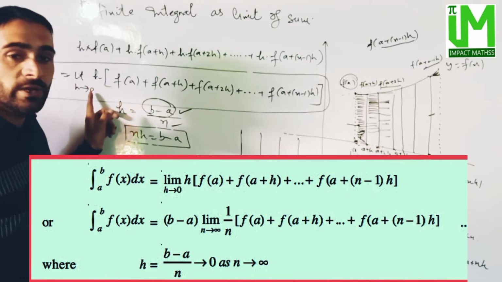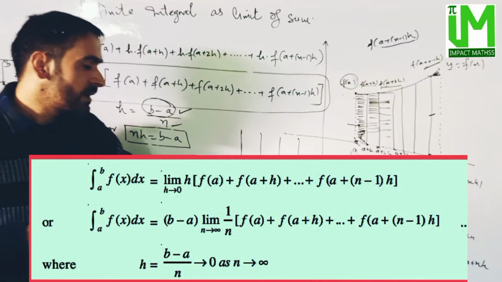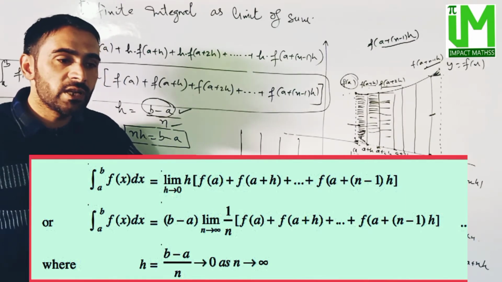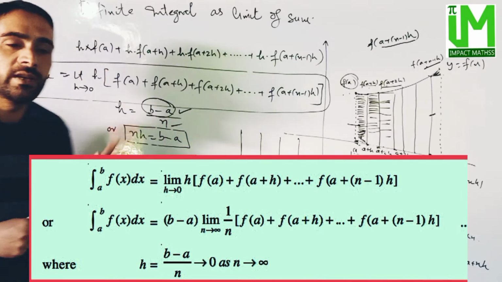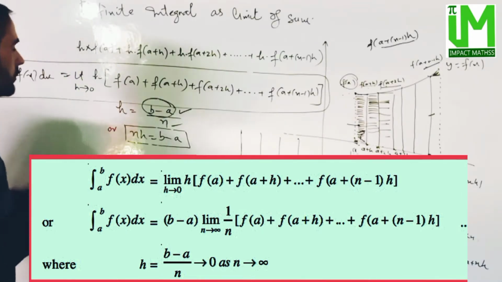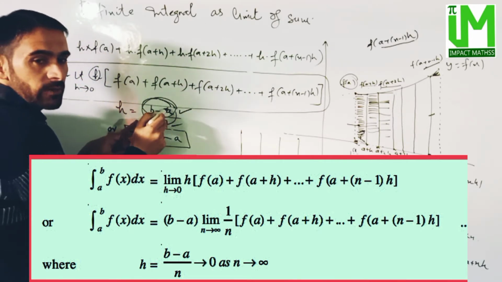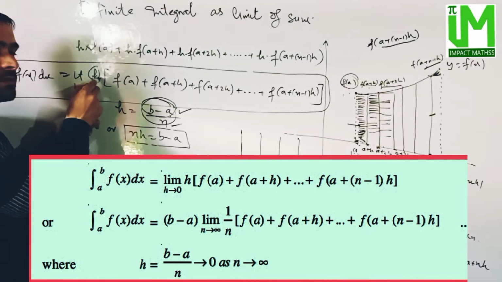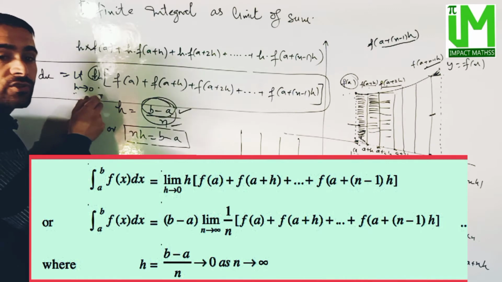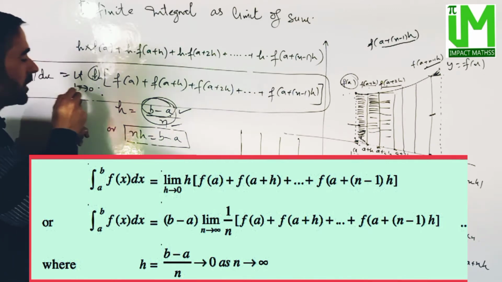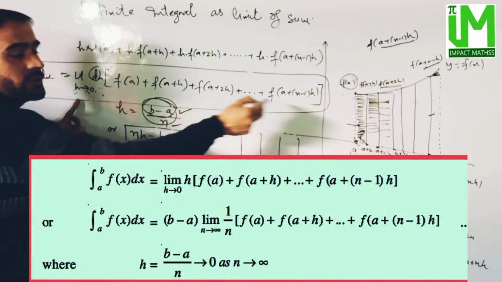We evaluate the limit in terms of h, but when h tends to 0, n will tend to infinity, so the limit can also be evaluated in terms of n tends to infinity. In that case, in place of h we put b minus a divided by n, so it will be the limit as n tends to infinity of b minus a divided by n into this whole thing.